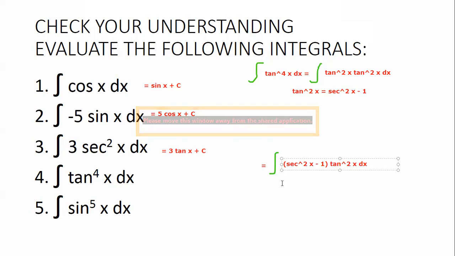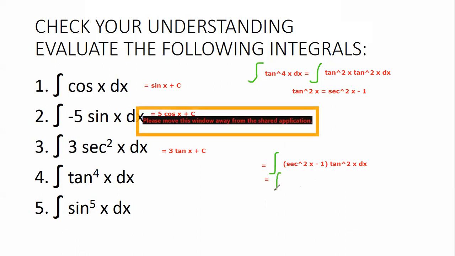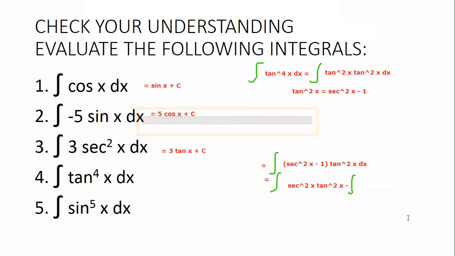We use the distributive property. So this will be the integral of secant squared x tangent squared x minus the integral of tangent squared x.